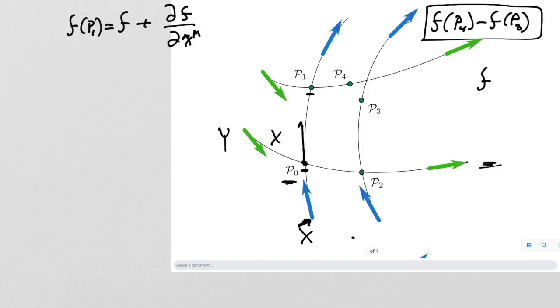So this is little x, representing a spacetime coordinate, and then this is capital X^mu. But we know that capital X^mu is really a tangent vector to this curve, and that curve is part of the congruence of curves defined by X.